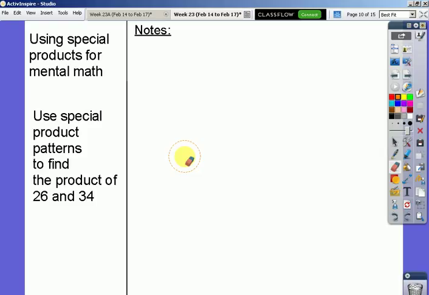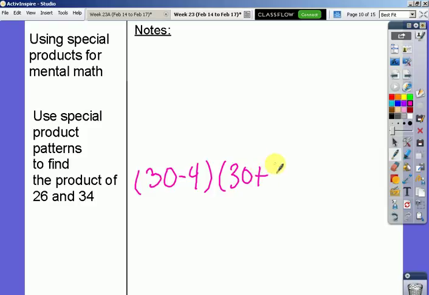So what I mean by that is, what do I have to add to 26 to get 30? 4. Okay. So really, 26 is 30 minus 4, right? What is 34? 30 plus 4, right? Well, look at that. I have the same two terms, right? A 30 and a 4.